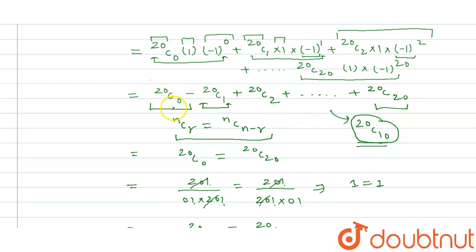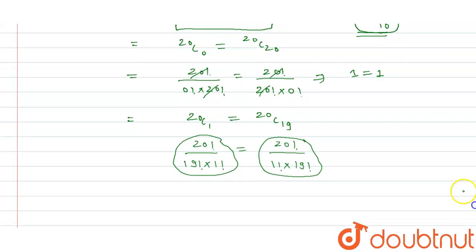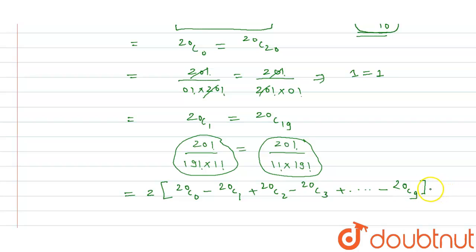So I am writing this expansion as 2 times of 20C0 minus 20C1 plus 20C2 minus 20C3 and up to 20C9, minus 20C9, and which term have I remained with? It is 20C10. So I am writing here 20C10 because 20C10 will occur only once.